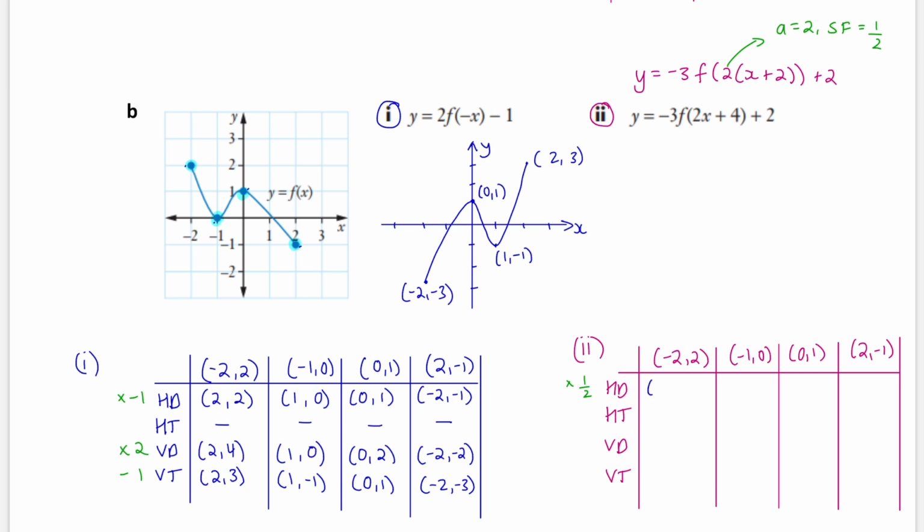So here, I end up with -1, minus a half. 0, anything times 0 will be 0, and 1 and -1. My horizontal translation, I look into factored form. It is a shift of 2 units to the left. So here I'm going to minus 2 from all my x values.